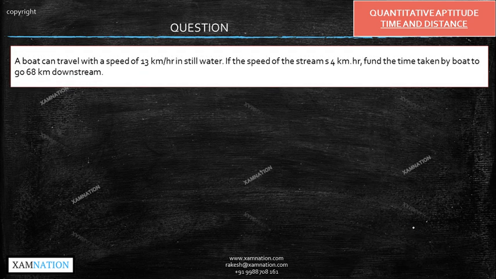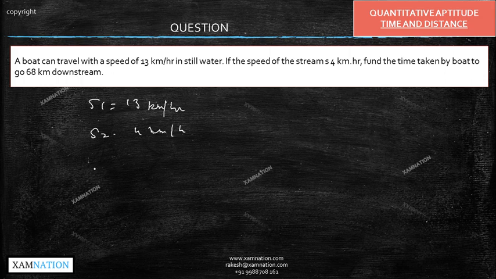A boat can travel with a speed of 13 km/h in still water, right? So we know that S1 is 13 km/h, and the speed of the stream, S2, is 4 km/h, and we need to find the time taken by the boat to go 68 km downstream.